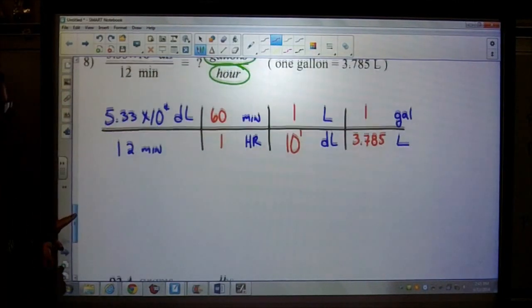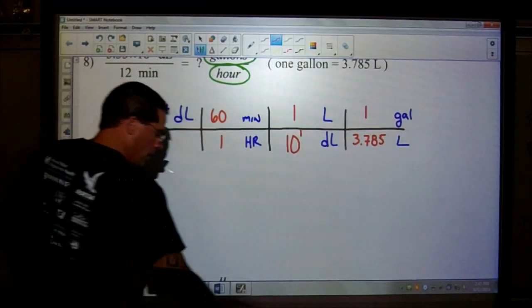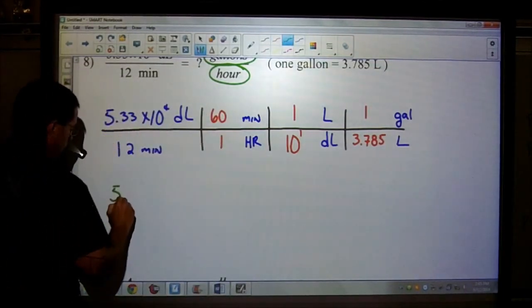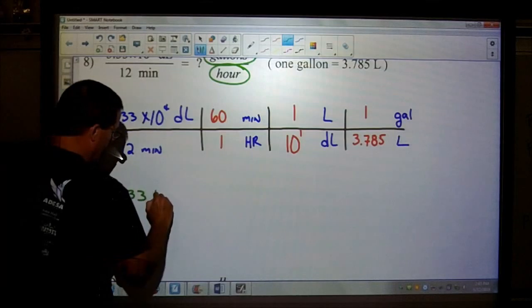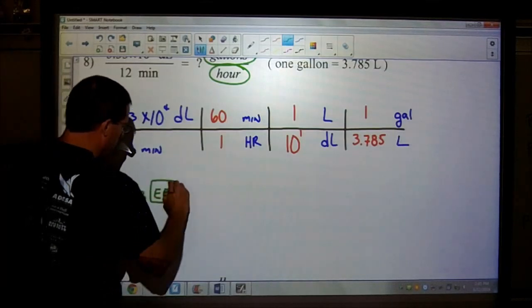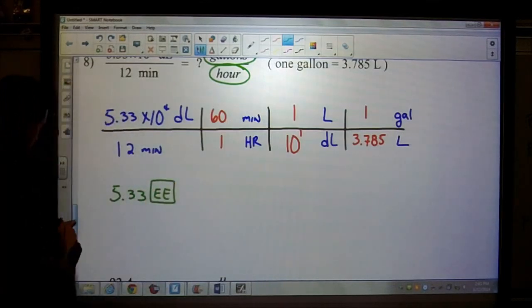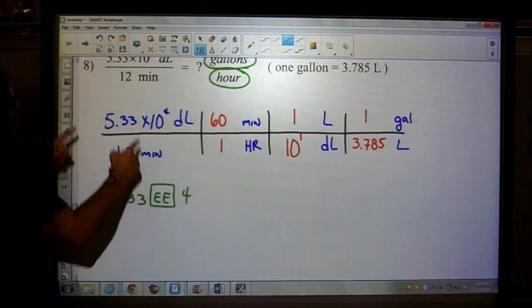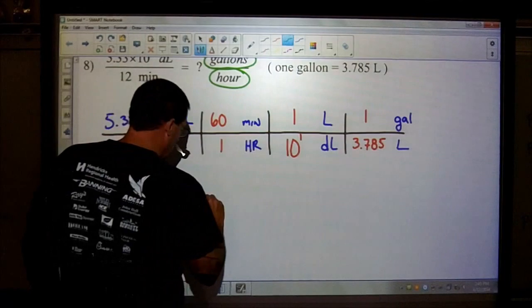So now, typing it in. We'll start off with what we have. So 5.33 EE 4. Is it a 4 or a negative 4? Positive 4, good. Didn't want to make the same mistake. So that is that, times 60.